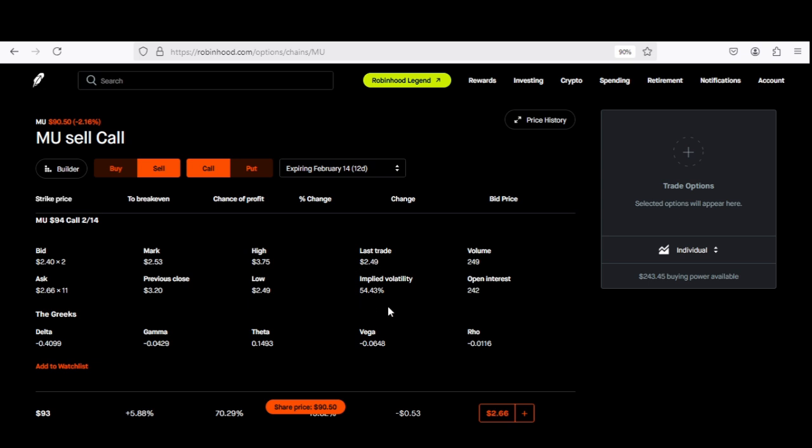Any implied volatility of 50% to 100% is decent, and as an option seller, you would like to be in that range. Now, any implied volatility of more than 100%, then you really need to dot your I's and cross your T's because you enter into the risk zone right here. So your vega determines your movement in implied volatility.